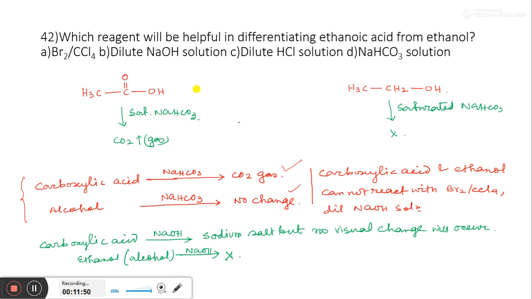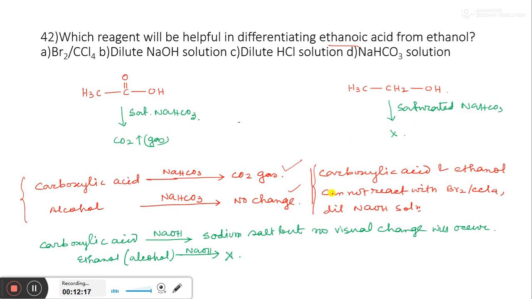So the difference is shown by using saturated sodium bicarbonate solution. When carboxylic acid, that means ethanoic acid, that means acetic acid, reacts with sodium bicarbonate solution, it forms effervescence of colorless, odorless CO2 gas. But when ethanol reacts with saturated sodium bicarbonate solution, no change will take place.